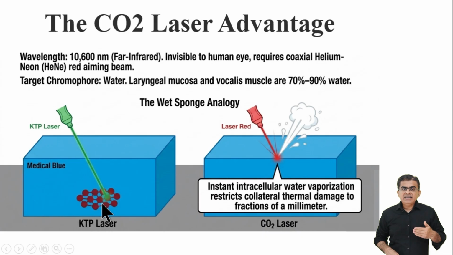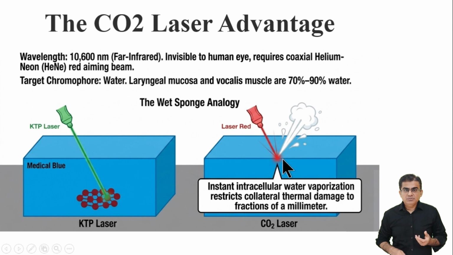It only burns the red vascular structure deep inside the tissue. Now look at the red CO2 laser on the right side of your screen. When the carbon dioxide beam hits the wet surface of the sponge, the water instantly boils and vaporizes into a plume of steam. The intense energy does not penetrate deep into the sponge.